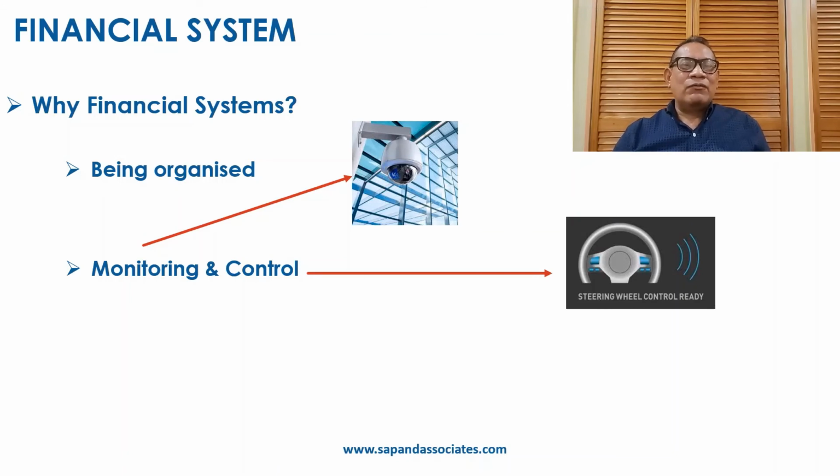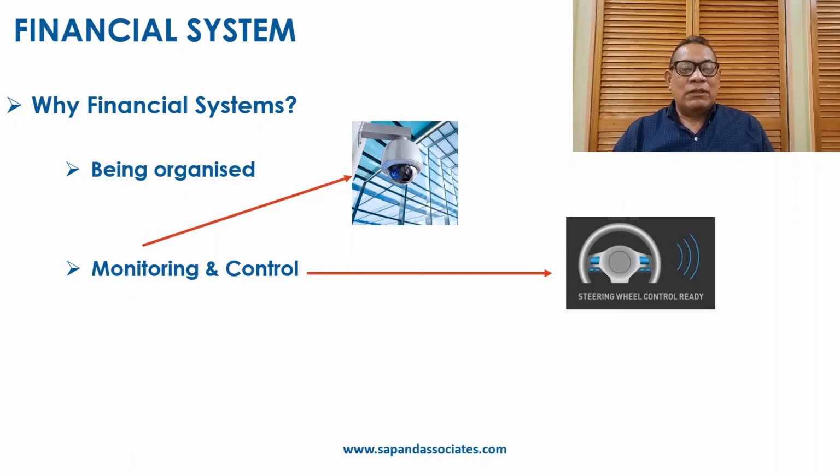So what can happen as a result of losing control? Accidents can happen, fatalities can take place, losses can take place, injury can happen, expenses can result. So there are a host of negative things that can result from the inability to monitor and control.